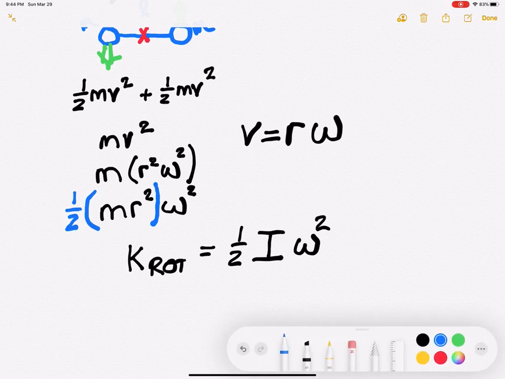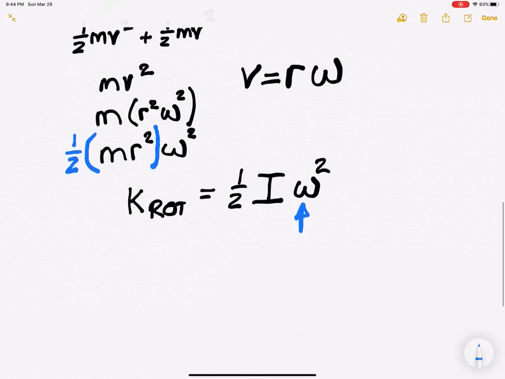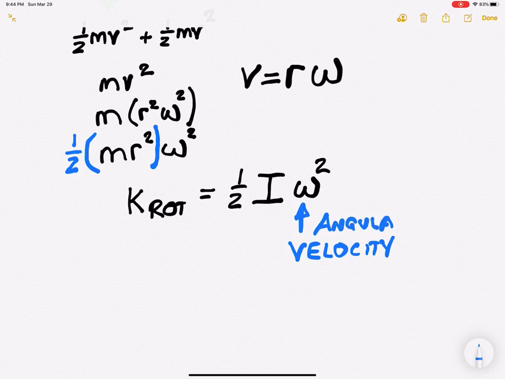So back to what we do know, this is playing the role of velocity, even though it's the angular velocity. And the I then is playing the role of mass in rotation, which we've given the fancy name, it's strictly a fancy name now, of moment of inertia.